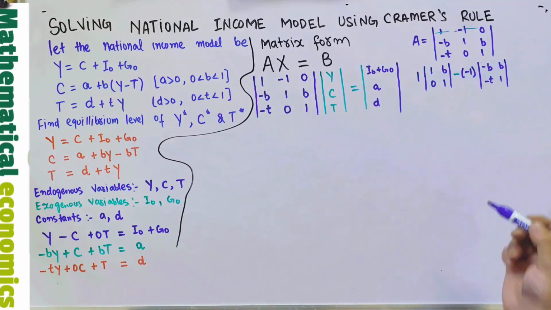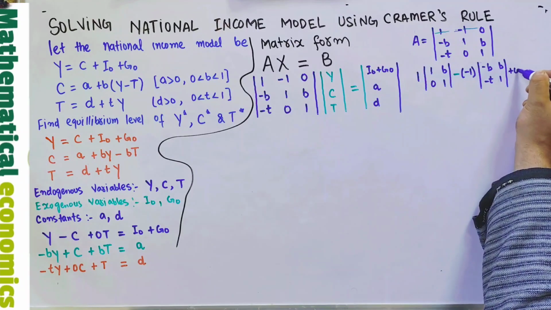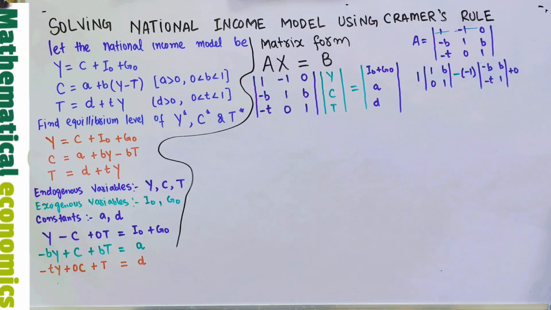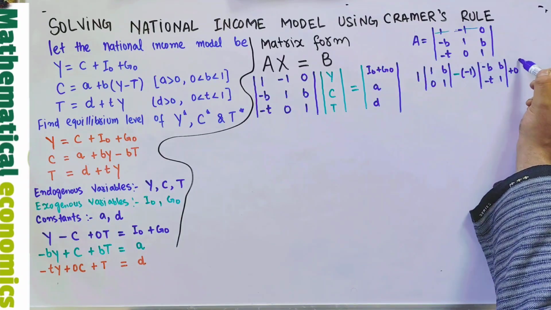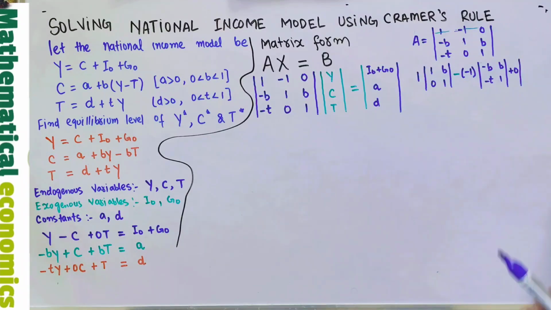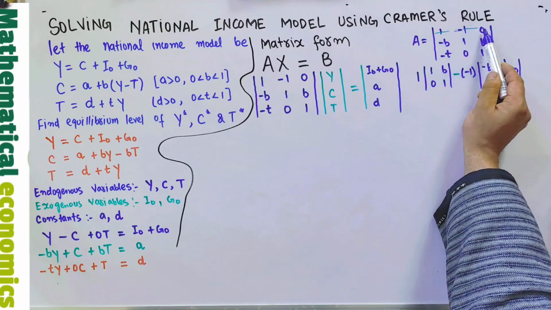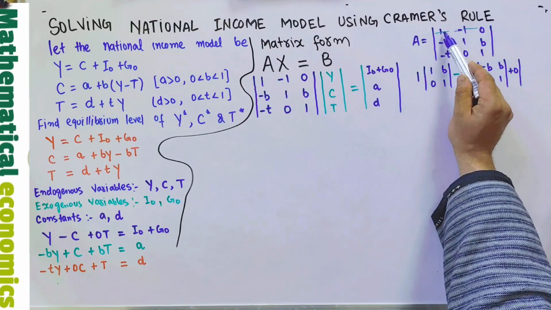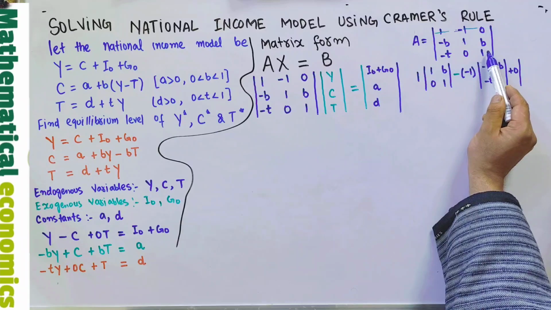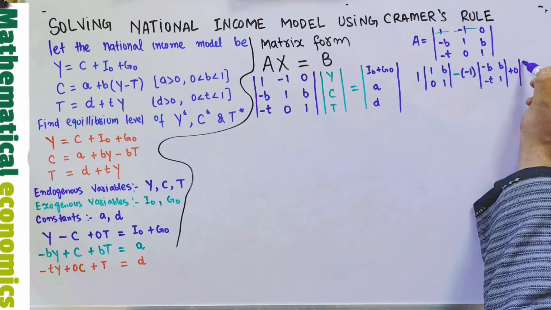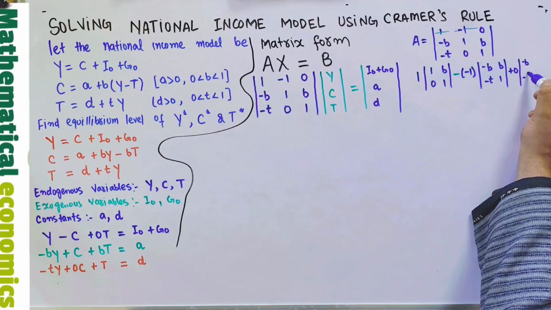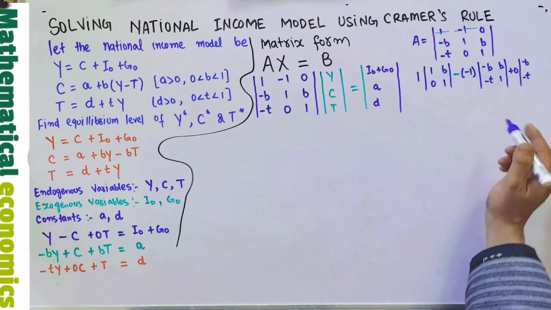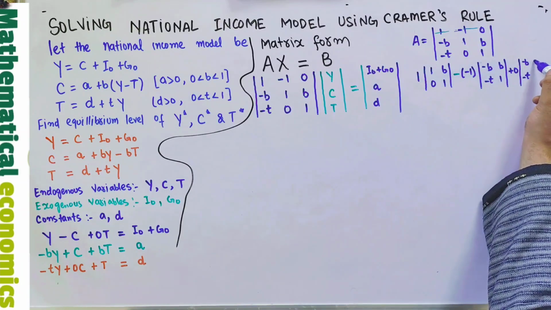Then we write plus 0, which comes from the formula, and take the determinant of the remaining elements. If we have this very element, we delete this row and this column and take the determinant of the remaining elements, that is minus b, minus t, then 1, 0.